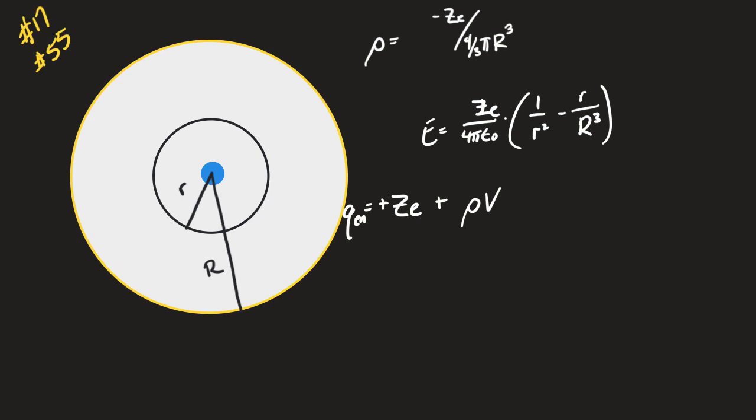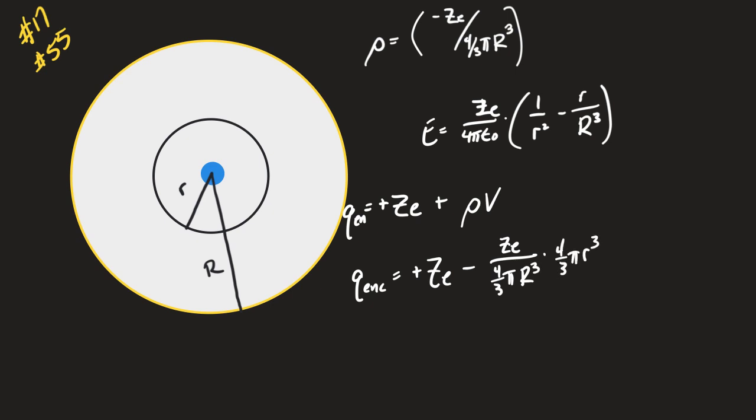Now, rho is our charge density here, and the volume is the volume enclosed by my Gaussian surface. So Q enclosed equals positive Ze minus Ze over 4/3 pi capital R cubed times 4/3 pi little r cubed.